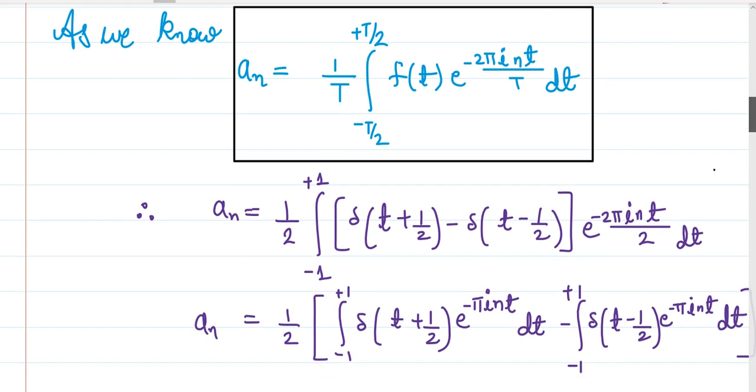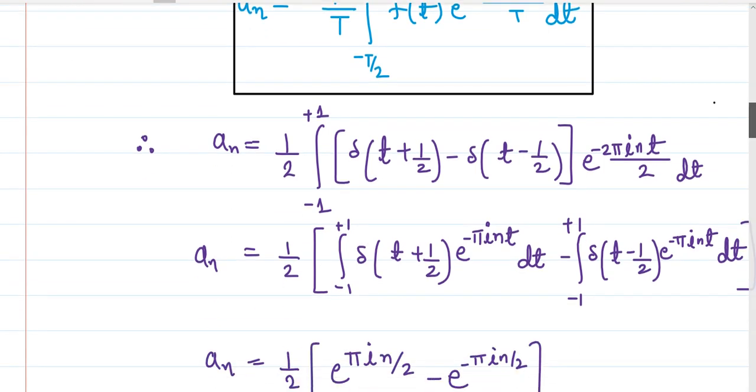Now we know the value of T is 2, so a_n is going to be 1 upon 2, integral from minus 1 to plus 1. That is the interval of this function. Time period for this function is 2, and interval is minus 1 to plus 1. Delta t plus half minus delta t minus half, times e to the power minus 2 pi iota n t upon 2 dt. Just integrate this and you will get your answer.